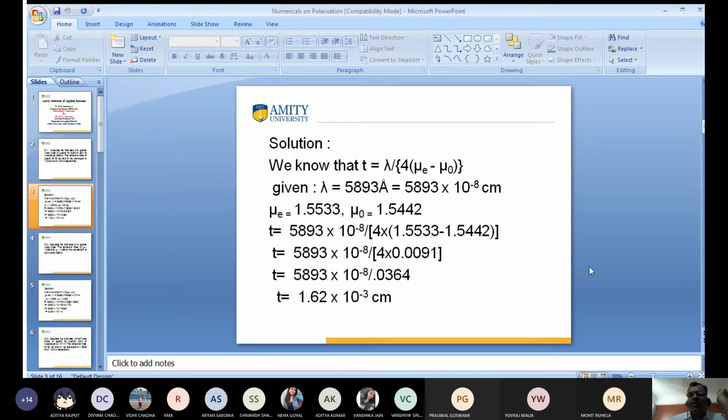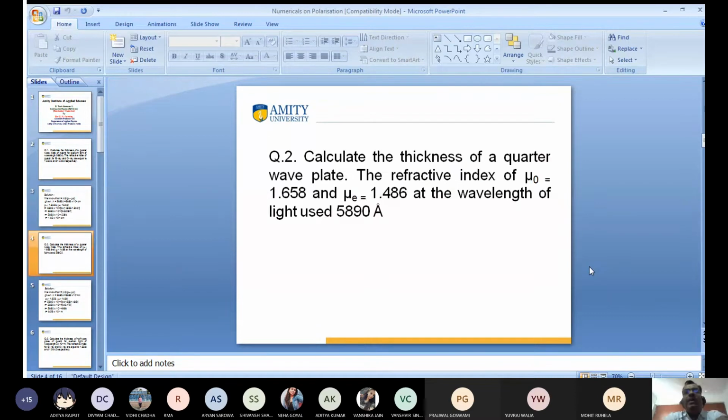For the second question, I proceed again. Calculate the thickness of a quarter wave plate if the refractive index of the ordinary ray of light is 1.658 and the refractive index of the extraordinary ray is 1.486, and the wavelength of light used is 5890 angstrom.